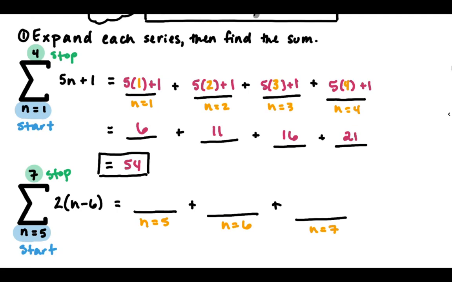Now I'm going to actually plug those numbers in. I'm going to do the same thing where I leave a little space for n. So when I plug in 5, I get 2 times 5 minus 6, 2 times 6 minus 6, and then 2 times 7 minus 6.